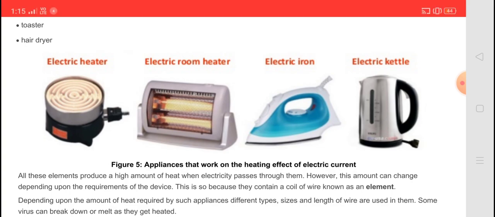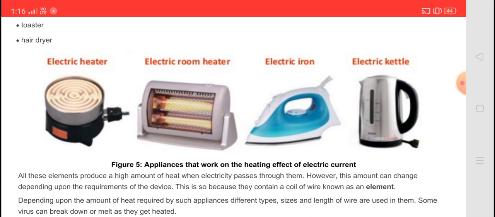A negligible heat is produced in the connecting copper wire because copper has very low resistance. We have already discussed that nichrome wire has high resistance and copper wire has low resistance. That is why copper wire becomes less hot compared to nichrome wire. Since negligible heat is produced in the copper connecting wires, they do not become red hot.